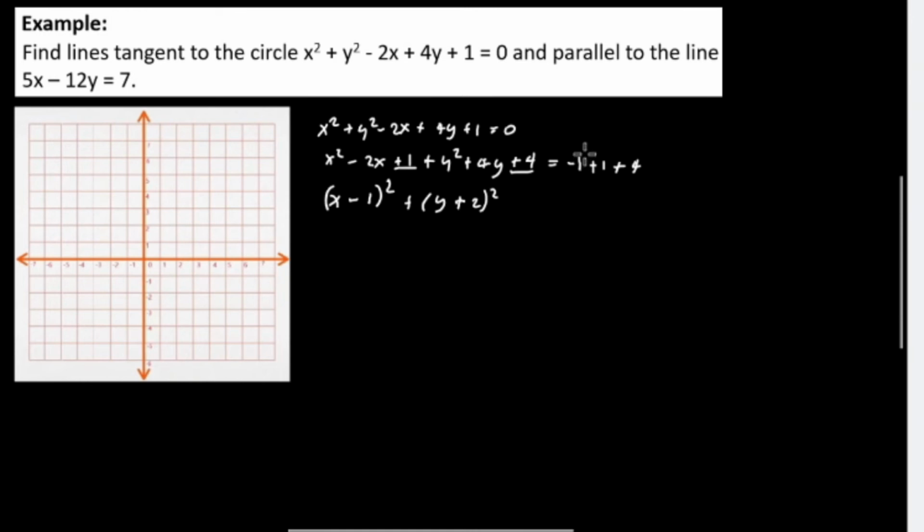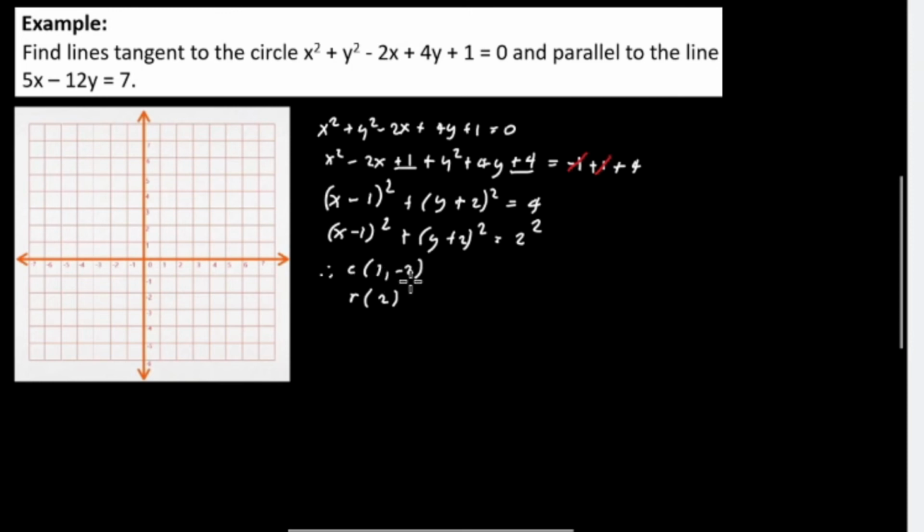Negative 1 and positive 1 cancel out, and it is equal to 4. So x minus 1 squared plus y plus 2 squared equals 4, and the square root of 4 is 2, so 2 squared. Therefore the center is (1, negative 2), and the radius is 2.